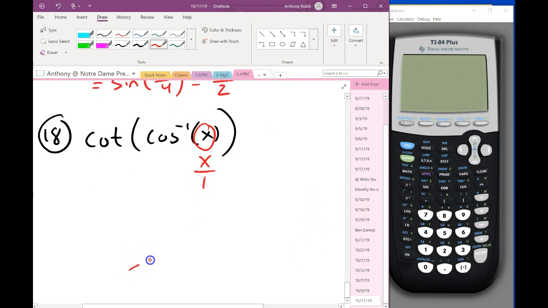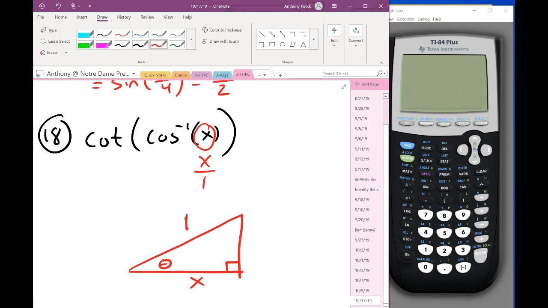Cosine inverse is going to give me an angle from the right triangle whose adjacent side is x and whose hypotenuse is 1. Are you okay with that idea? Okay. I can use the Pythagorean theorem to find that third side. That's just going to be the square root of 1 minus x squared.